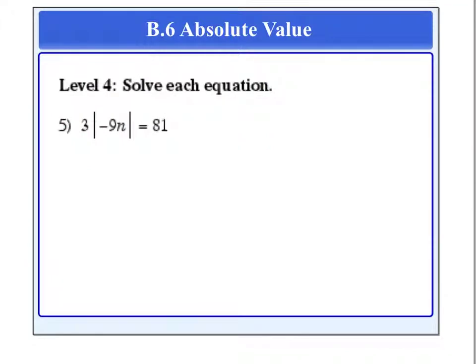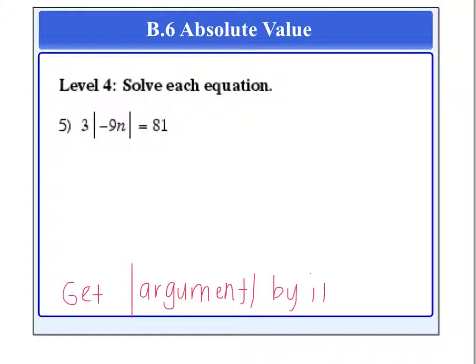The next one. Our goal is to get the argument by itself. Notice there's a 3 attached on the outside, so we have to divide by 3 in order to get that argument by itself. So the argument here is the absolute value of negative 9n. When we do the division, we get equals 27.